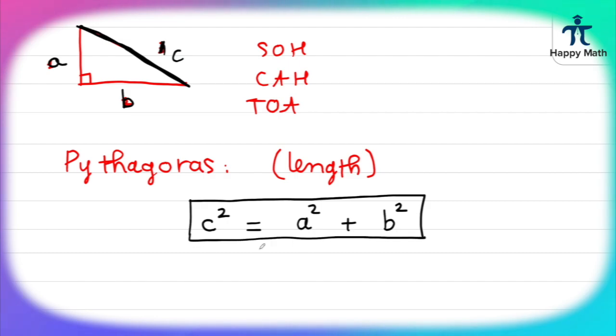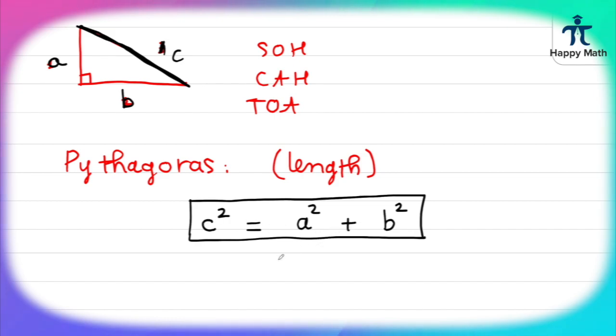So from here we have the Pythagoras relationship between the three sides of the right angle triangle. The longest side stands alone on one side, and the other two sides are squared and added together, and that equals the longest side squared.